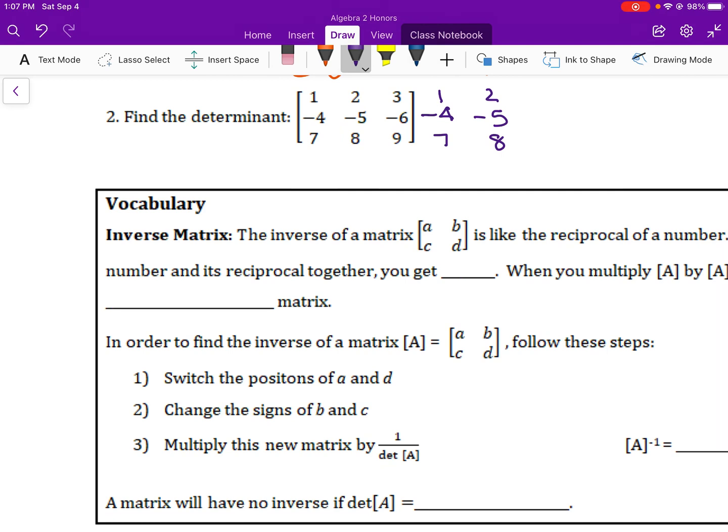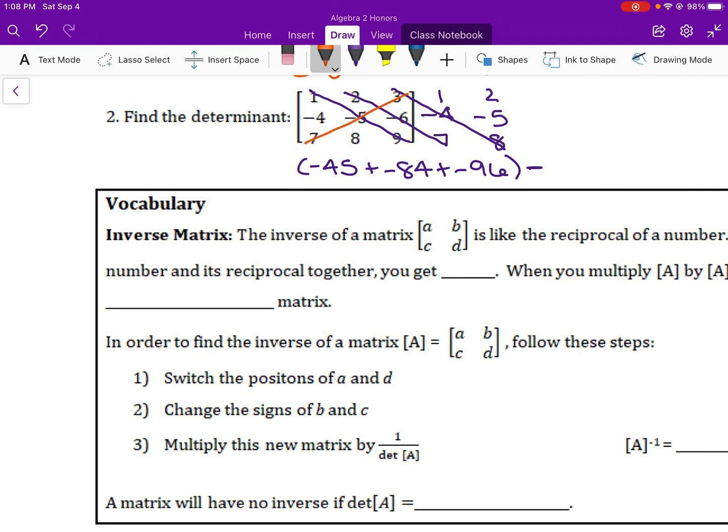First of all, we're going to start with the leftmost. 1 times negative 5 times 9, that's going to be negative 45, plus 2 times negative 6 times 7, which is negative 84, plus 3 times negative 4 times 8, negative 96. And then all that minus products in the other direction.